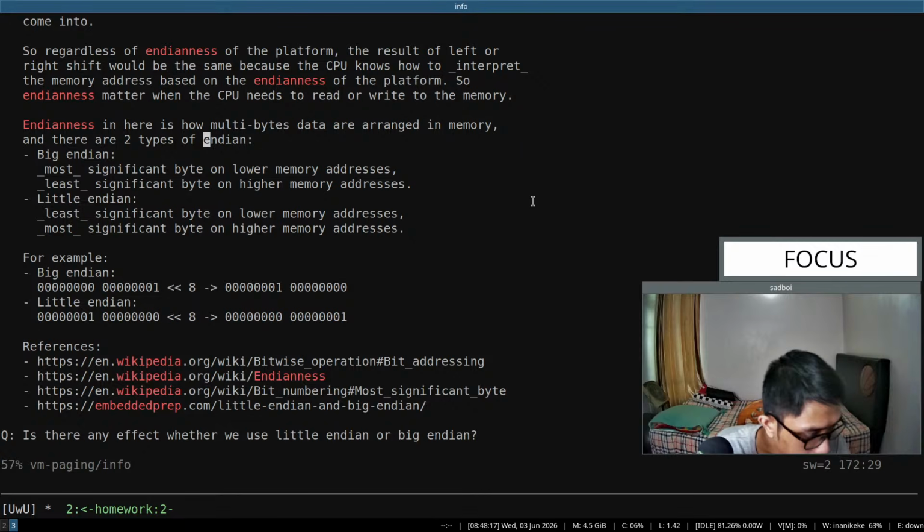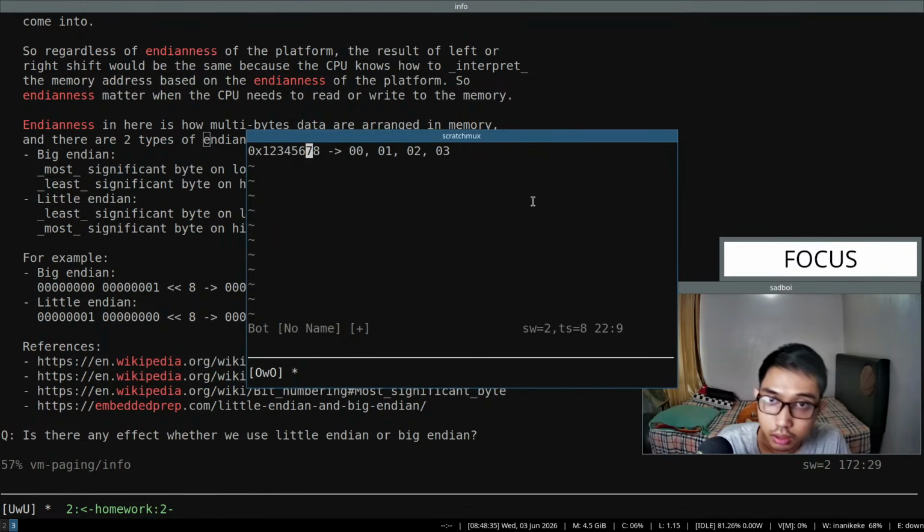A little endian decimal computer would store it like this. Let's think that we have this number 839023, the least significant part is this one.